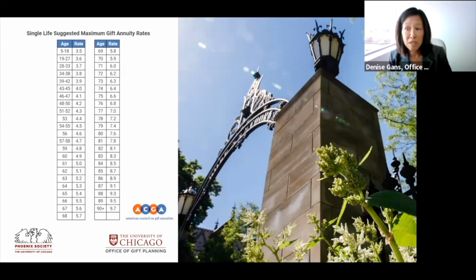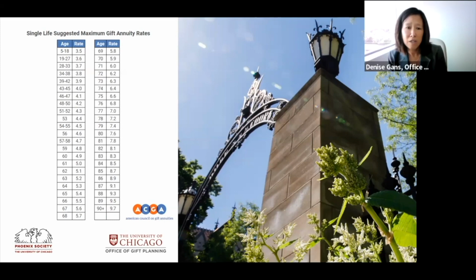Remember that once an annuity is established, the payout amount is fixed, and it's worth mentioning that because a gift annuity is a contract between the donor and the university, it's not a trust, for example. The payments from the annuity are an obligation of the university.